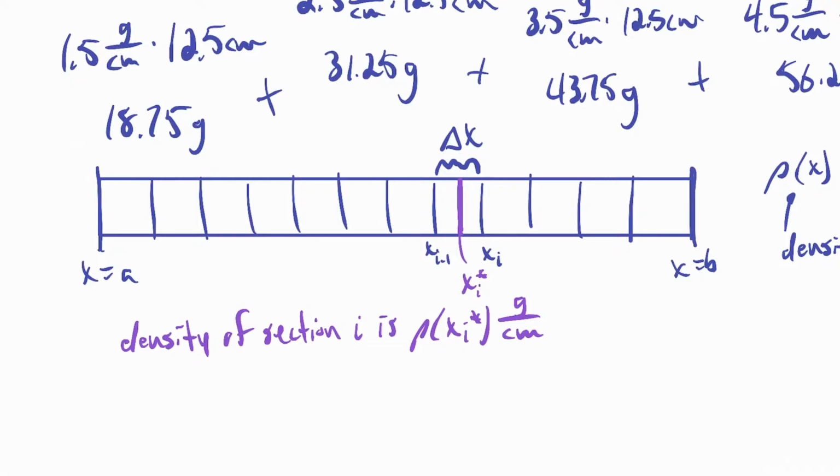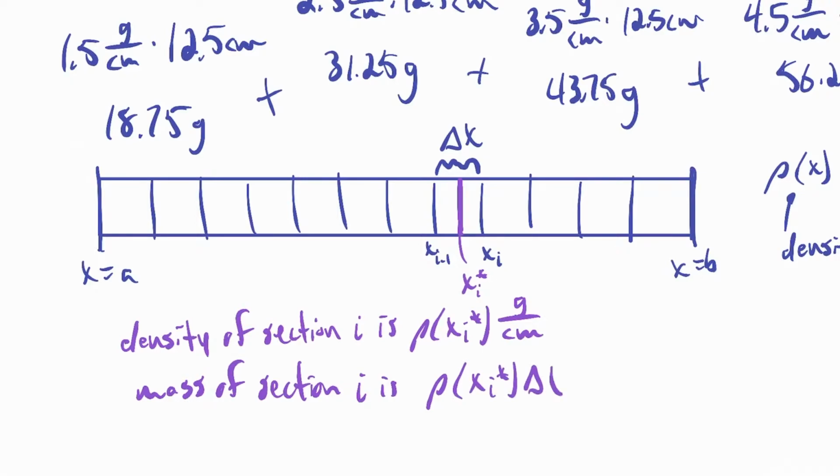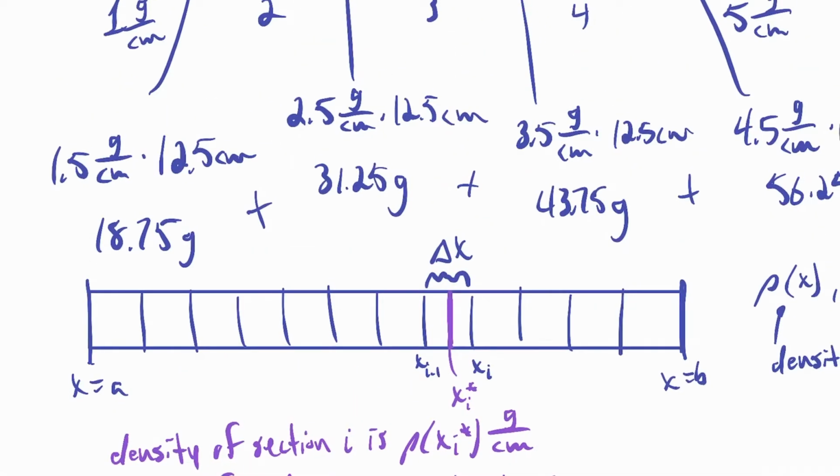So that means that the mass of section i is going to be rho of x sub i star times delta x. Delta x is the length of that section. And so that's giving us an approximation, just like we did with 3.5 times 12 and a half: the density times the length of that section.